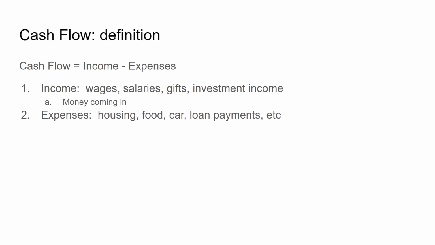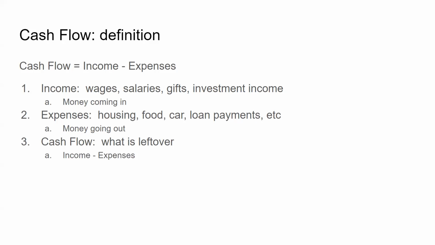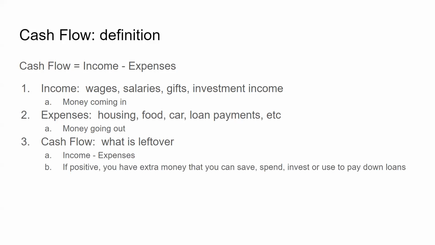Your cable bill. I'm only listing a few here just so we can keep the examples simple. And that's money going out, right? So my income is money coming in, my expenses are money going out, whatever the difference is, that's my cash flow. All right, let's go through some examples.